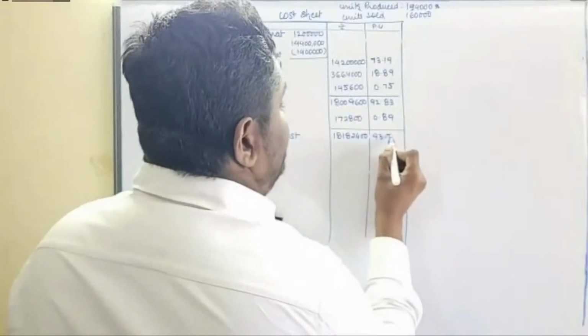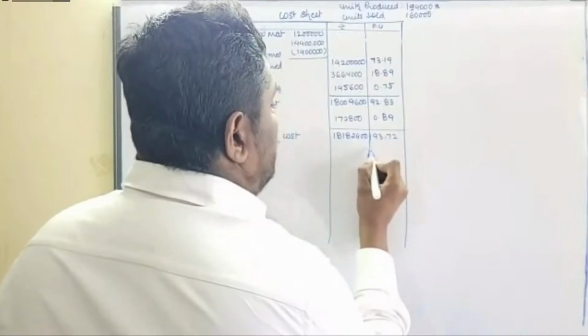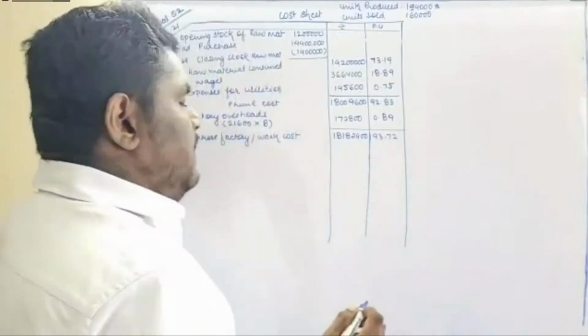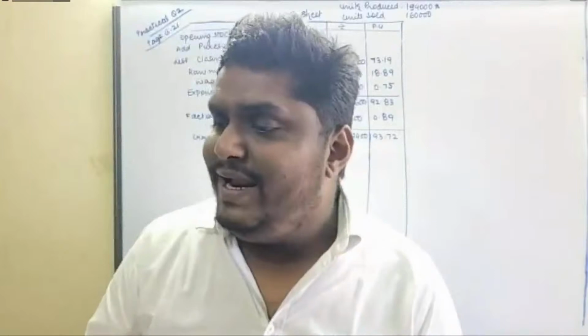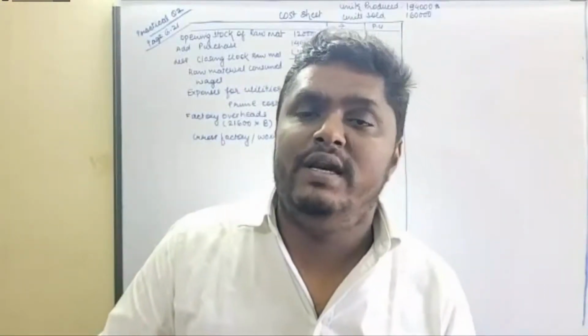And this will be 93.70. In gross factory overhead, we will make adjustments of opening and closing work in progress.